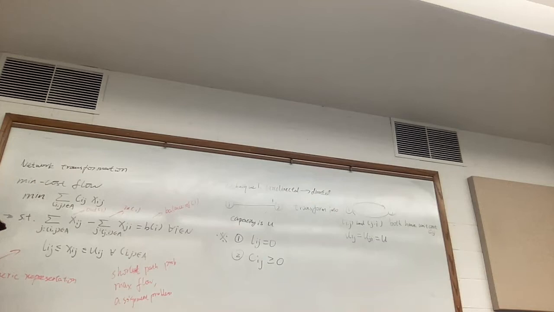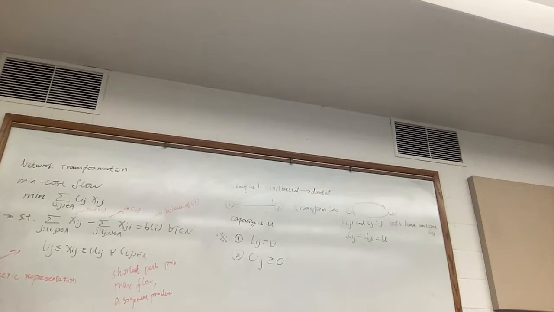Anybody has an idea? Please speak. If the Cij is negative, it would create a negative cost cycle, I suppose. So you mean from I to J and J to I, this is a negative cost cycle, right?